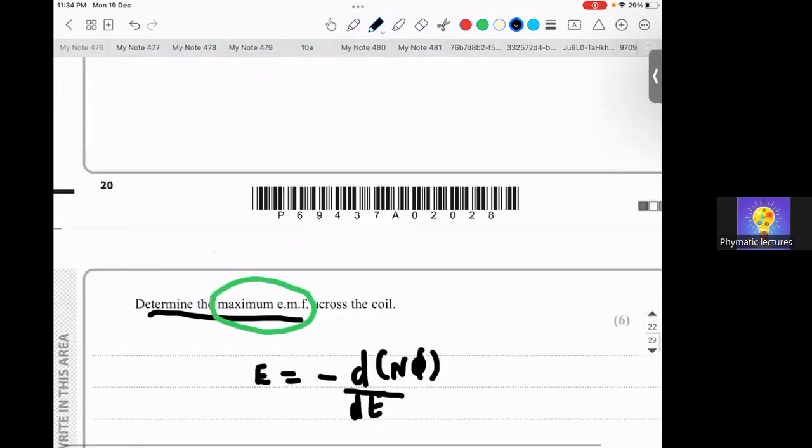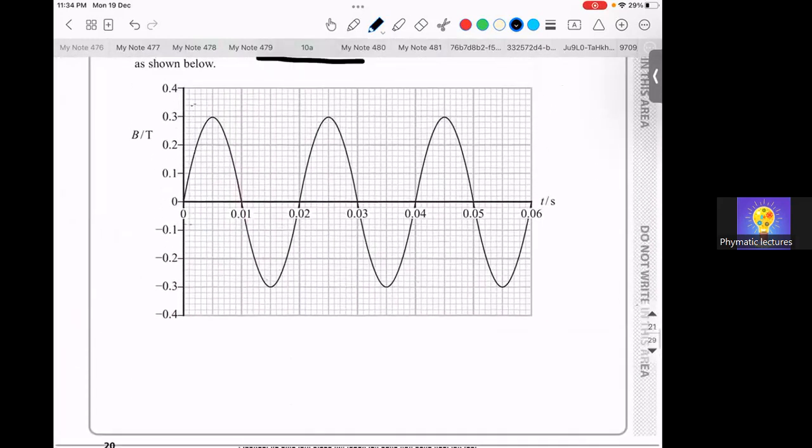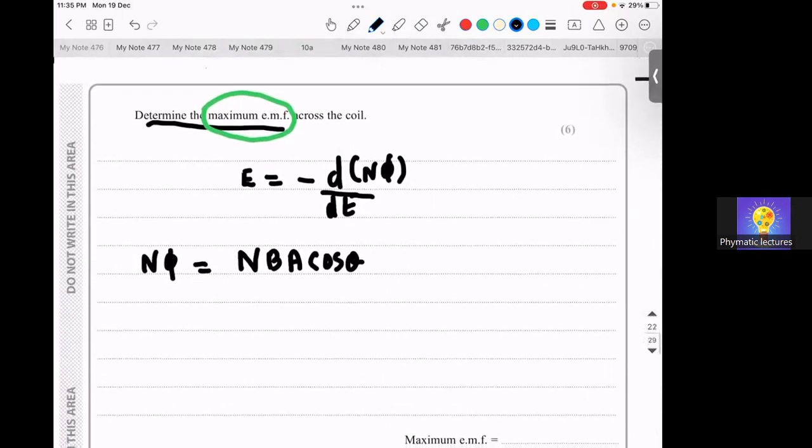Theta is the angle between the area vector and the magnetic field. Here it is given in our question that it is perpendicular, therefore the maximum EMF is obtained by the equation N into B into A.